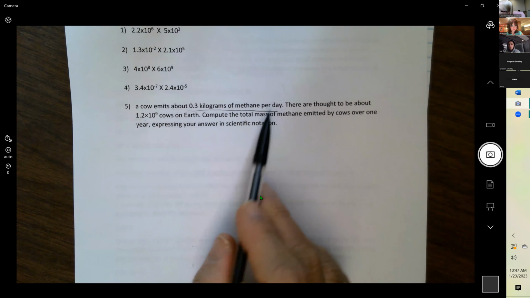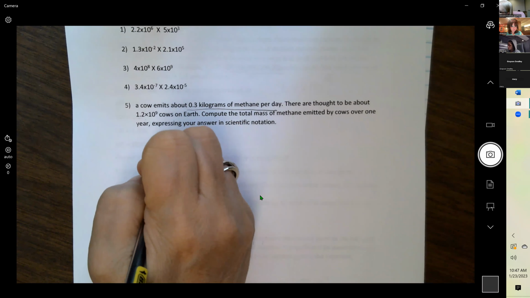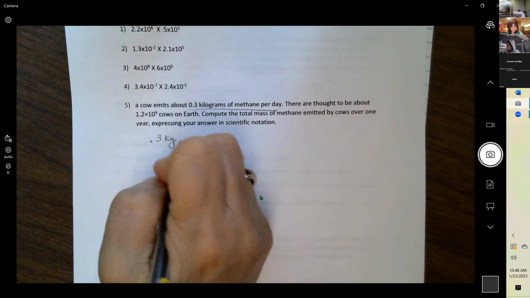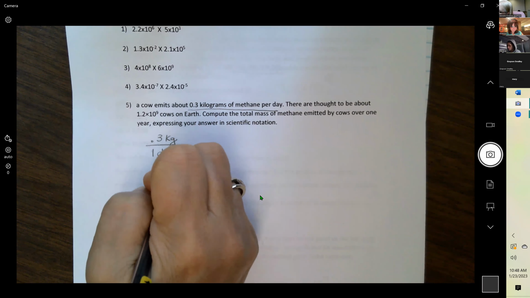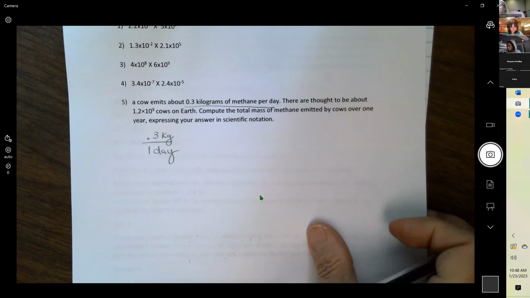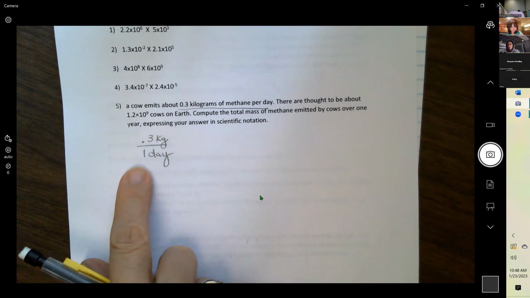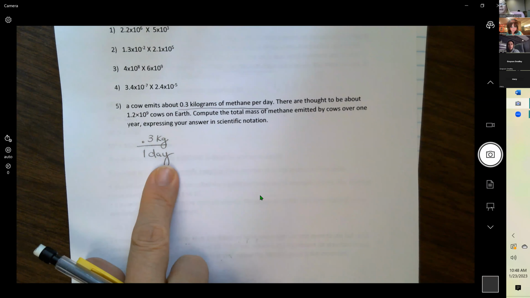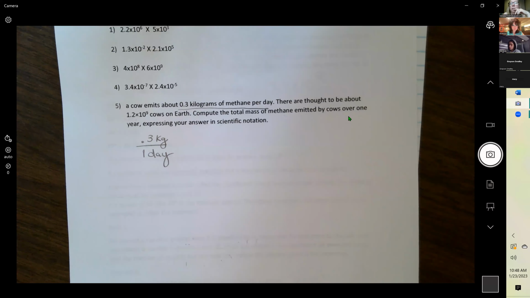This is per day. So for 1 cow, it's 0.3 kilograms a day. And we want 1 year. So we need to convert to years.